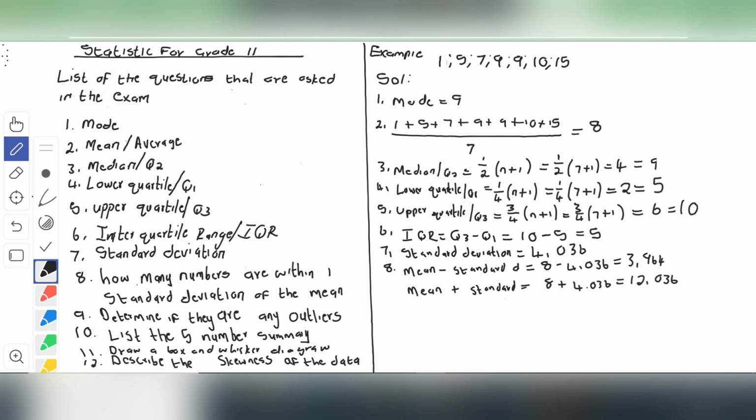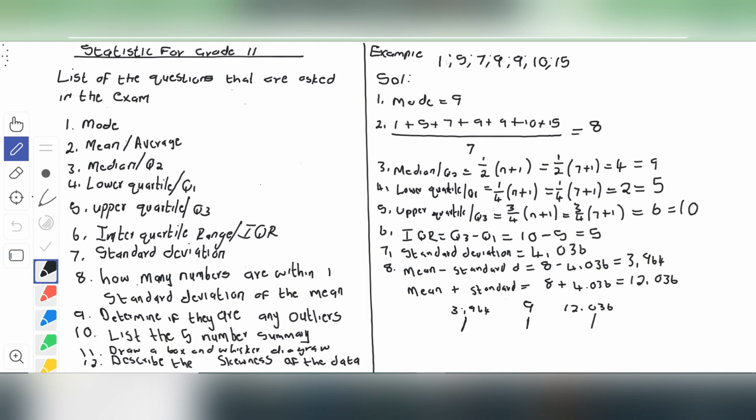So these questions, guys, say how many numbers are within one standard deviation of the mean. Remember, with the mean, which is 9 here, right? And this question asks how many numbers are there if we add and subtract one standard deviation? One gives us 3.964, and the other is 12.036, right?